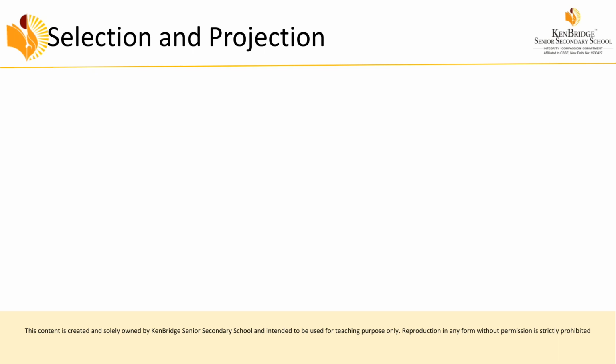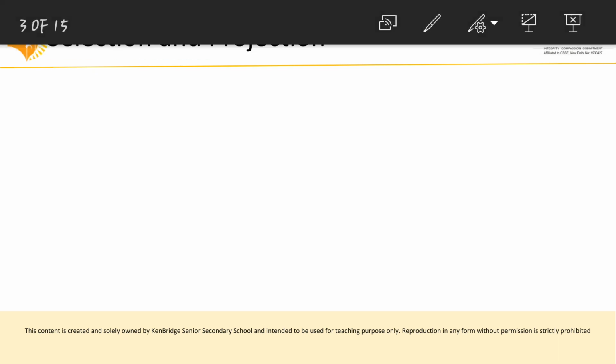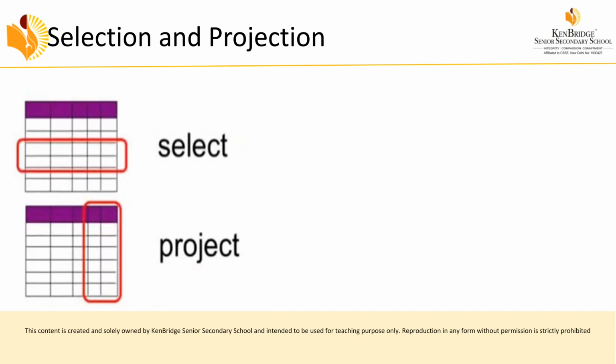Selection and projection: by seeing this pictorial representation you can understand this in an easy way. Select means it is going to select records, and records means rows. If it is a selection, it is fully based on rows; it is going to select the rows.